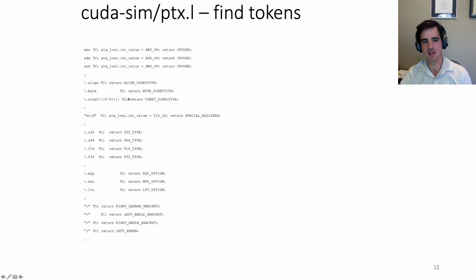Any token that exists in the code, so any string, we need a way to interpret that and translate it into something the parser can understand. Because the parser, you don't want it to understand text, right? You want to go through and turn all of the text tokens into something the parser understands, and then pass that on to the parser that will then figure out what the broader instructions are. So any token that exists inside the PTX lives inside this ptx.l code.